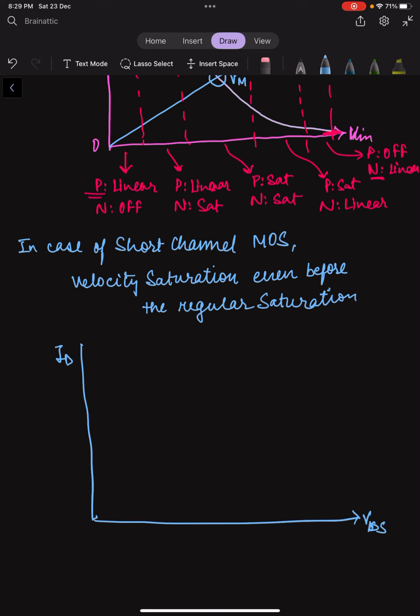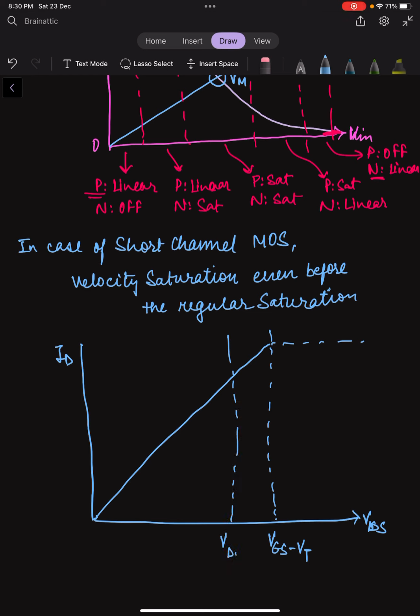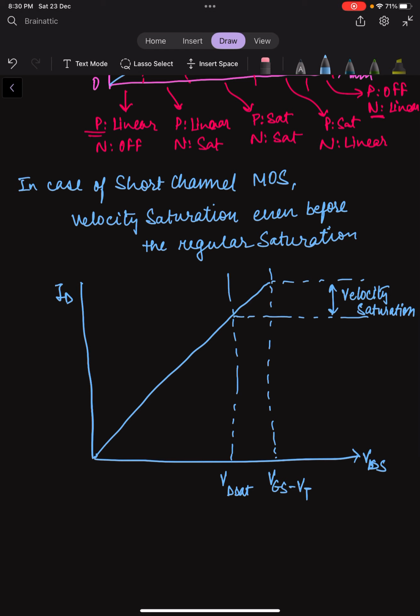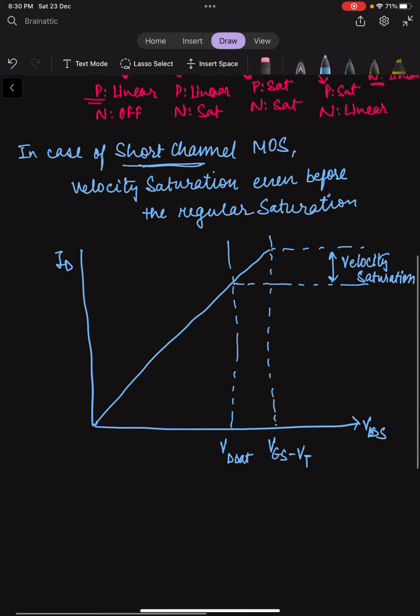So what we experience is this. This is, let us suppose, our VGS minus VT. But in case of short channel devices, we often see that the saturation comes much before. Let us call this voltage VD sat, and the current saturates here itself. The reason for the saturation is velocity saturation. This came into observation especially for the short channel cases.